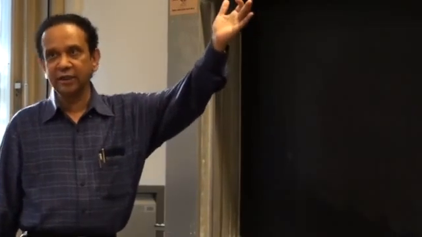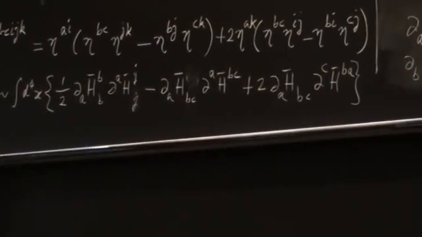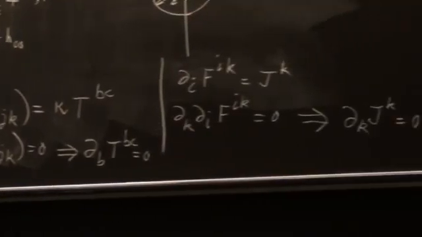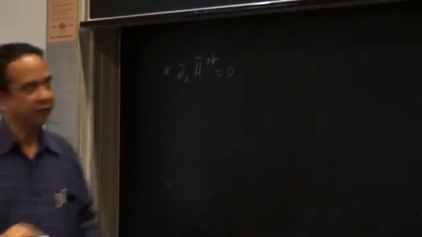So I can choose my gauge degree of freedom in such a way that some of these terms can be simplified. What is usually done at this stage is to impose a gauge condition which could be, let us say, ∂_A of h̄^{AB} equal to 0. This is not absolutely essential, but this makes life easy. So we will impose this gauge condition.